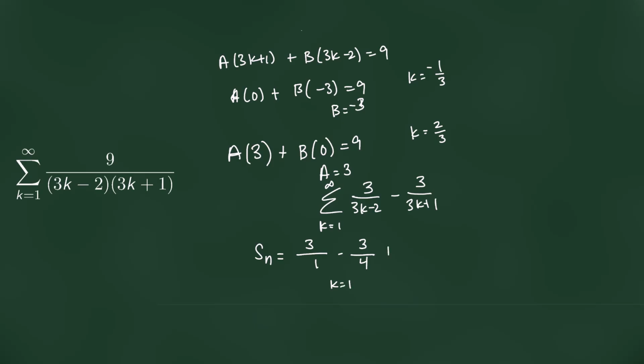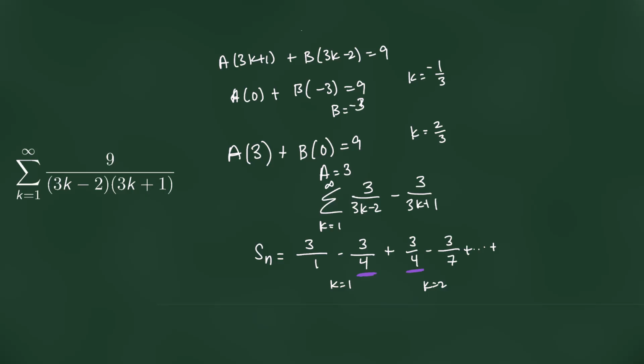When k equals 2, we have 3 over 4 minus 3 over 7. That's k equals 2. We'll take this out, so we can see now that the last part of one term and the first part of the next term are going to end up canceling each other out in our telescoping sum.